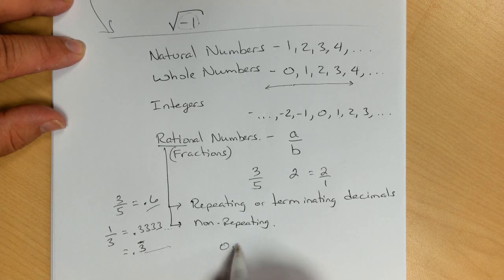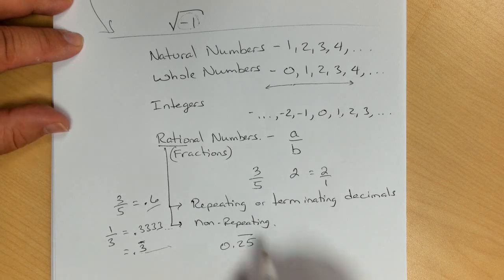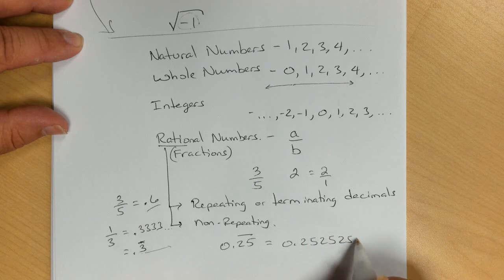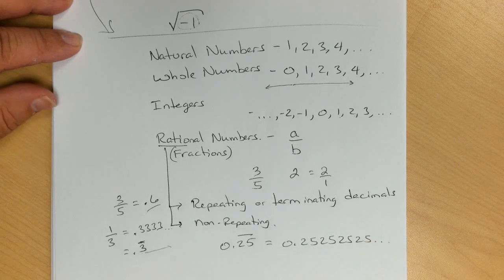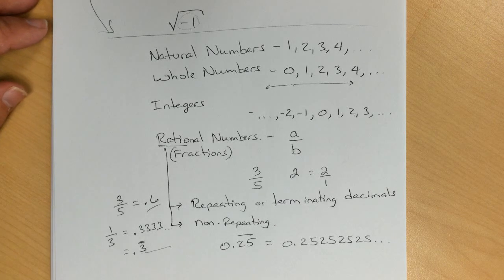If I had 0.25 like this, your number would look like this forever. These are all symbols that PEMDAS never even gets near touching. So that's why I don't like it.